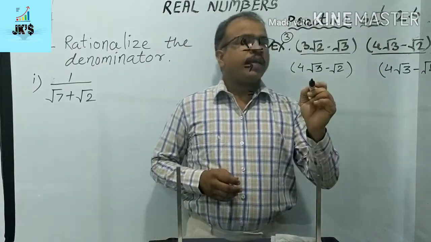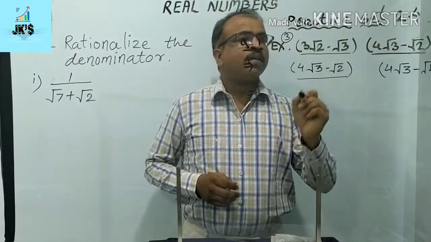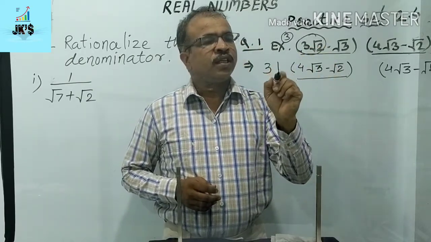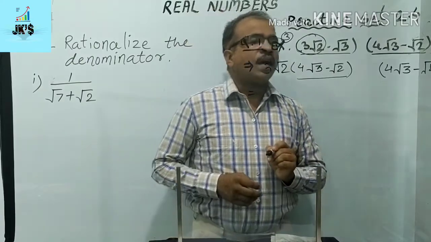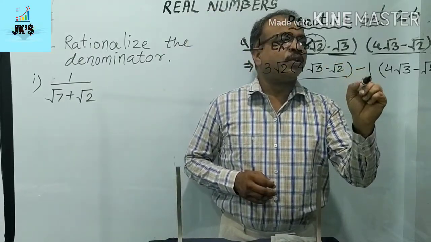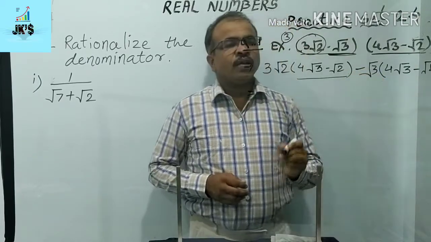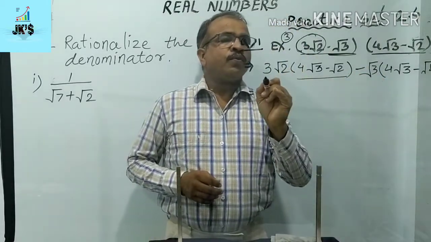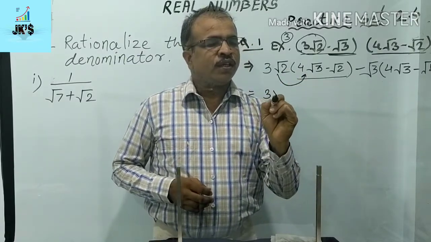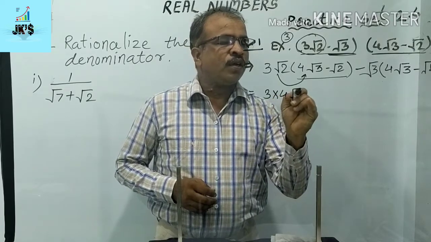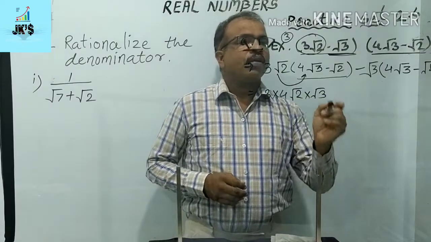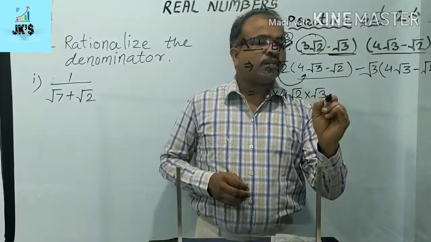We have to multiply the first bracket by the first term of the first bracket, that is 3√2, and the second bracket by the second term, minus √3. 3√2 into 4√3: 3 into 4, under root 2 into root 3. Minus into plus is minus.